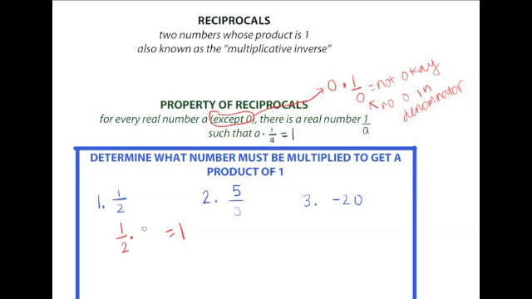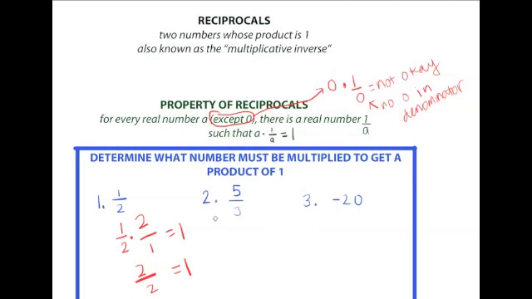Instead of 1 over 2, I move this 2 up to the top and this 1 down to the bottom, and we multiply the tops together, 1 times 2 is 2. The bottoms, 2 times 1 is 2. And when we have two numbers on top of each other that are exactly the same, it simplifies to 1.